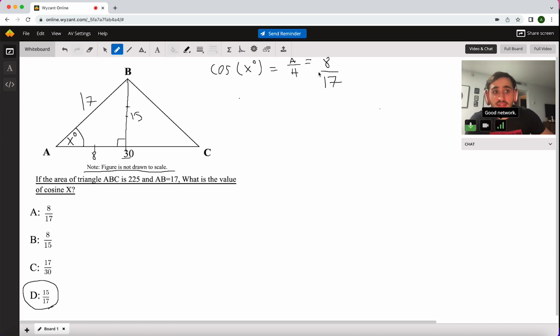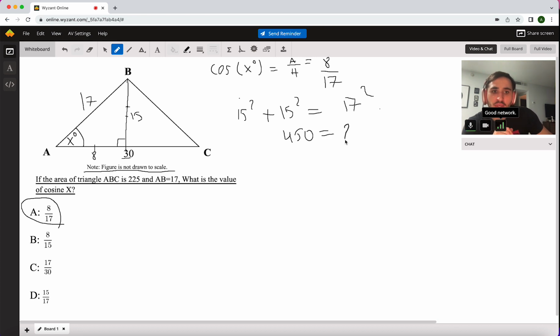Very quickly, I'm going to show you how I know that this is the right answer. Let's say this side is actually 15. If this is 15 and this is 15, then that means this is a 45, 45, 90 triangle, okay? So if we put it into the Pythagorean theorem, 15 squared plus 15 squared is equal to, by the way, the answer is 8 over 17, but watch this. 15 squared is 225, plus 225 is 450. 17 squared, we already know, is 289.